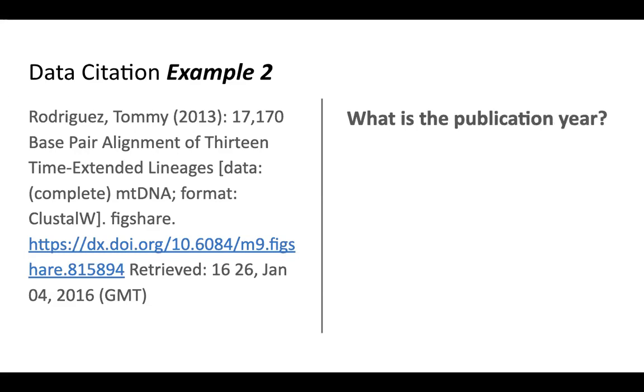All right, so for our second example here, what is the publication year of this data set? Great, so most of you got it. Again, be careful here. We want to look for the first date in our citation, which is 2013, the date that this data set was published.